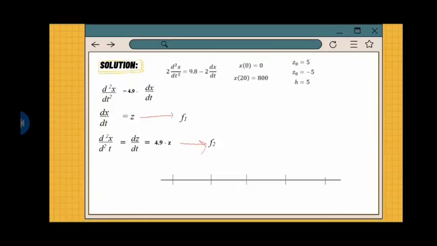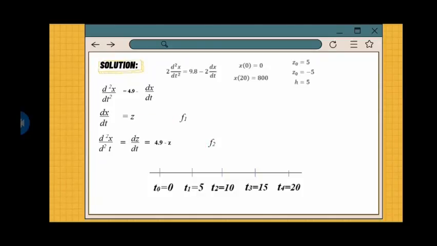After that, let's set up the h timeline. We start with t equal to 0 and the increment is equal to 5. So we have t sub 1 equal to 5, t sub 2 equal to 10, t sub 3 equal to 15, and t sub 4 equal to 20.